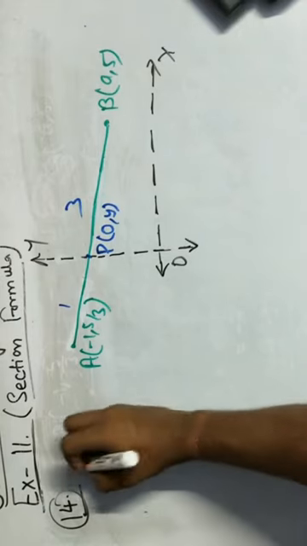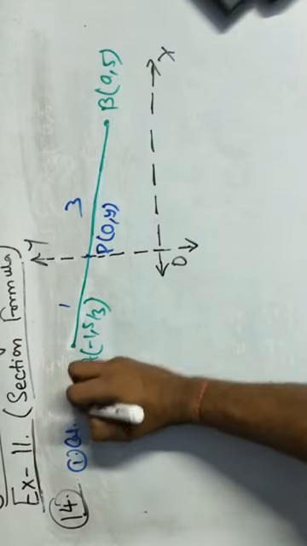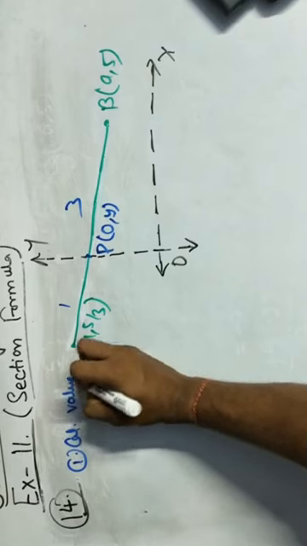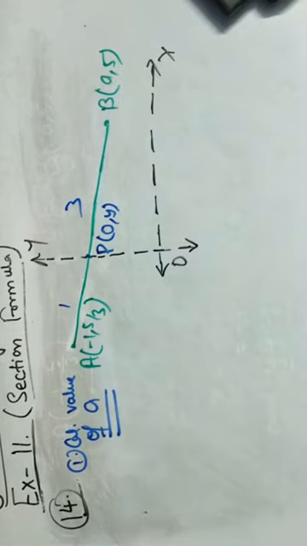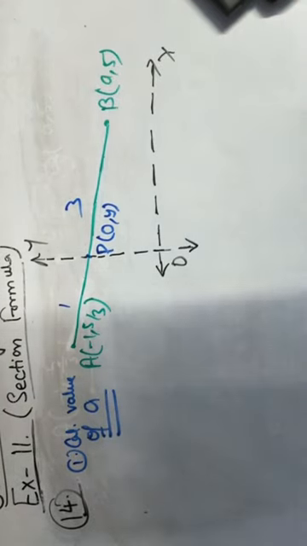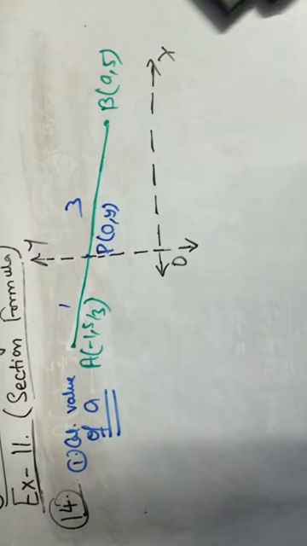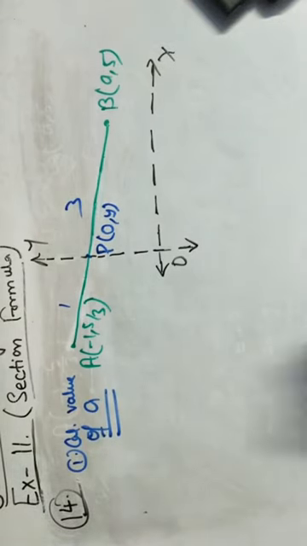The first question says you have to calculate value of A. This is the point A. You have to calculate the value of point A. Then you have to calculate the coordinates of the point P. So let's start.